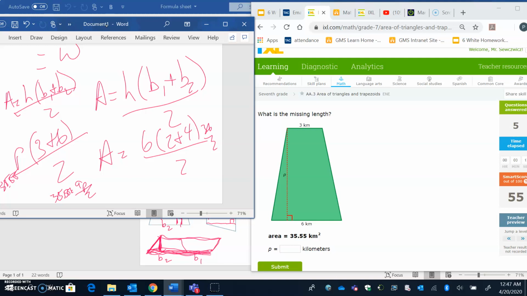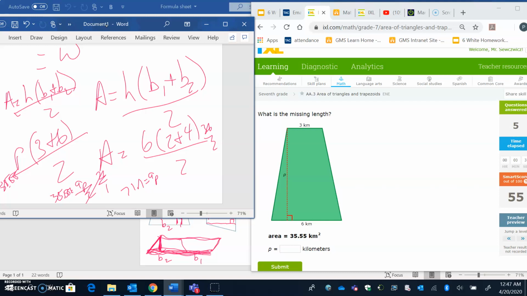So we could just multiply both sides by 2/9 if we wanted to. We could also multiply both sides by 2 because that's going to get rid of the division. Remember, doing the opposite. So if we do that, that'll be 71 and 1/10, I believe, equals 9P.